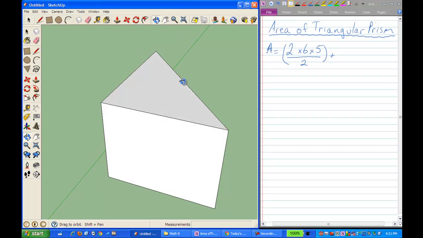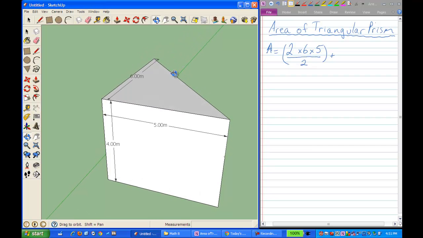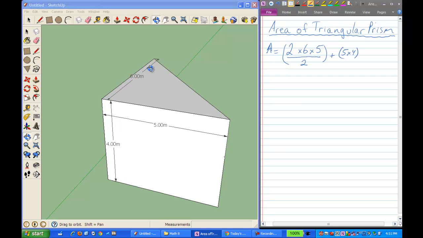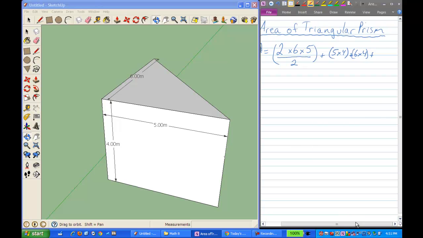So this rectangular face right now is 5 by 4. The one on the opposite side is 6 by 4. So we're going to go 6 by 4, plus one more. I'll just move this over here so we can see.